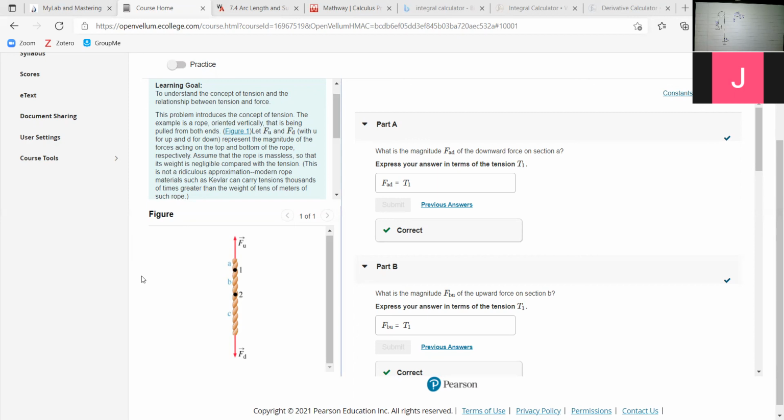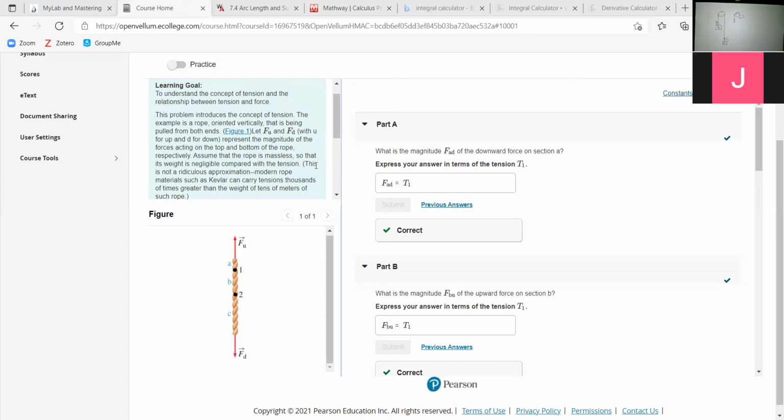To understand the concept of tension and the relationship between tension and force, this problem introduces the concept of tension. The example is a rope oriented vertically that is being pulled from both ends, FU and FD, with U for up and D for down, representing the magnitude of the forces acting on the top and bottom of the rope, respectively. Assume that the rope is massless, so its weight is negligible compared to the tension.